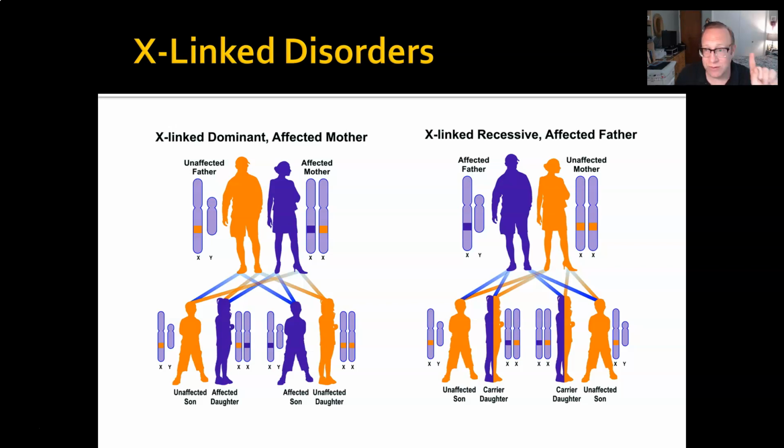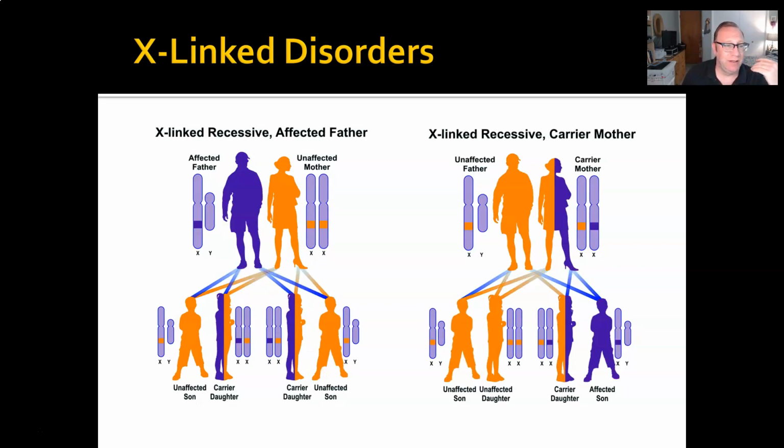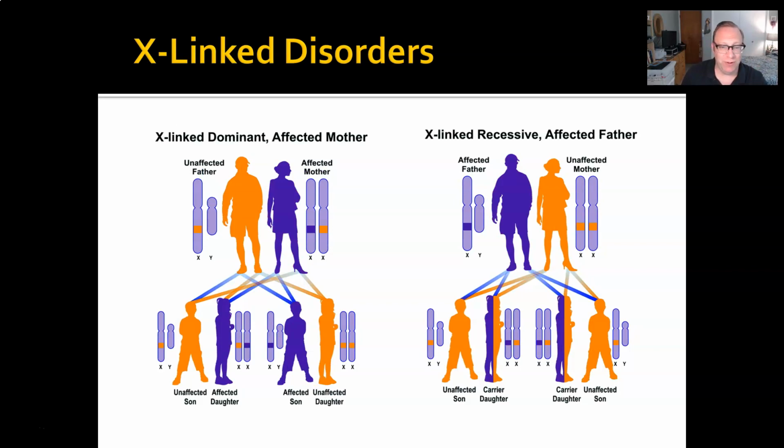And her children will be affected by the disease, whether they're boys or girls, because since it's dominant, it doesn't matter what the other gene does, it's still going to be affected. And finally, in the case of an X-linked recessive affected father, as we saw before, if you compare the two, it's a very different looking outcome, right?